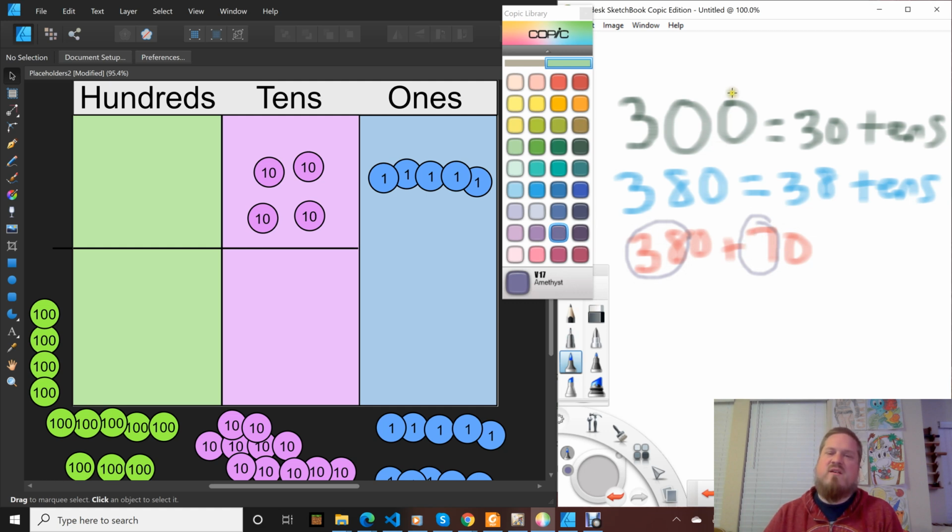Remember, before we said that 38 ones plus 7 ones was 45 ones. And by analogy, then we can know that 38 tens plus 7 tens would be 45 tens. But then we have to go ahead and write the 0. So that means 380 plus 70 is 450.